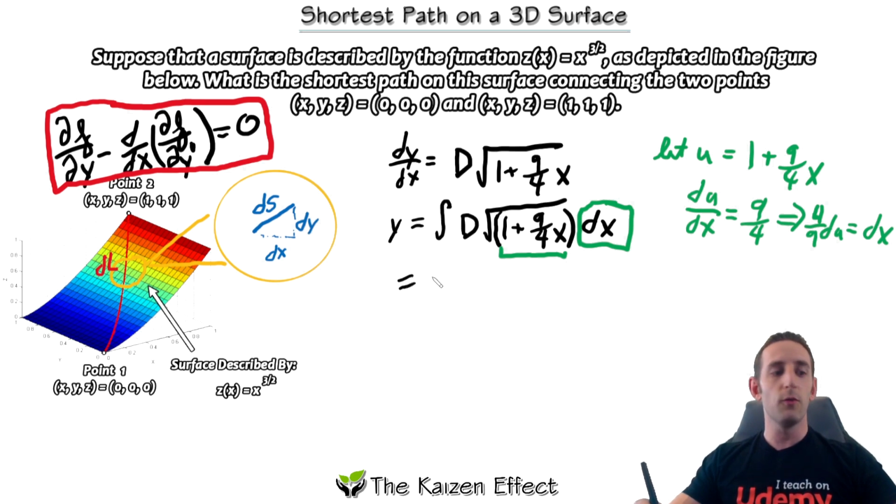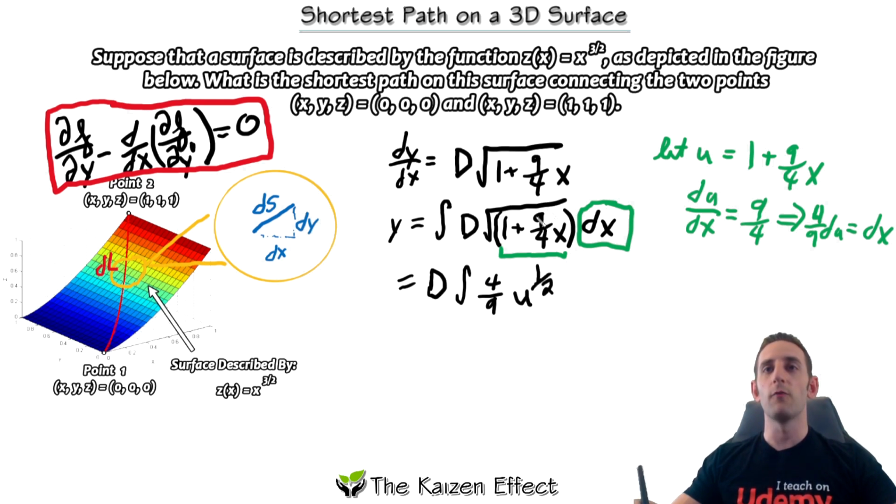So this is equal to, we're going to pop this d term out right there. Okay, we still have the integral. Now we're going to transform this into our u space, which is a function of x. And we just get a 4 over 9 times u to the 1/2.